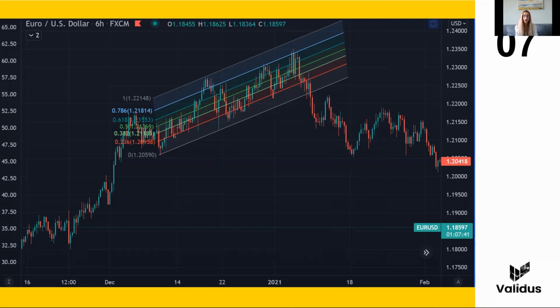So next, how we use this Fibonacci channel tool. The tool is used to aid in identifying where support and resistance may develop in the future, similar to other Fibonacci tools. If the uptrend is expected to continue, the 100%, 161.8%, and the other higher levels are potential price targets.